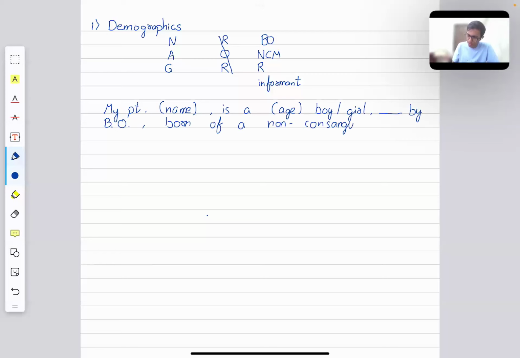If it is a consanguineous marriage, you also have to specify what is the degree of consanguinity. Residing at, and hailing from. Informant is mother who is reliable.